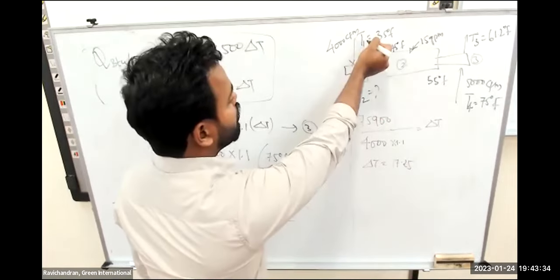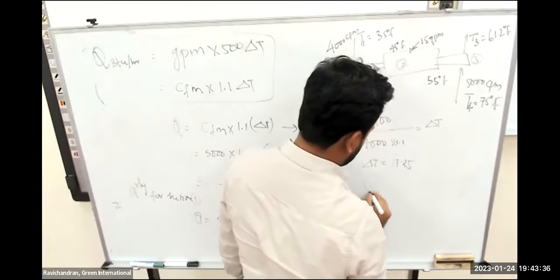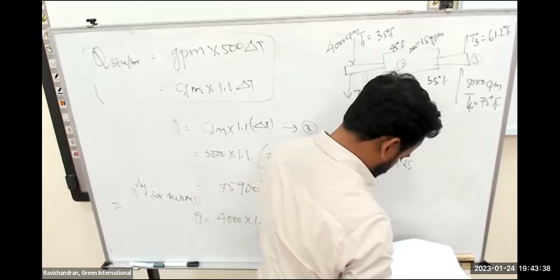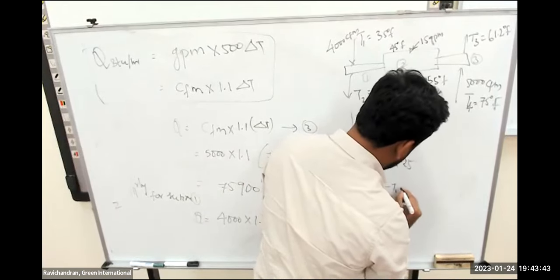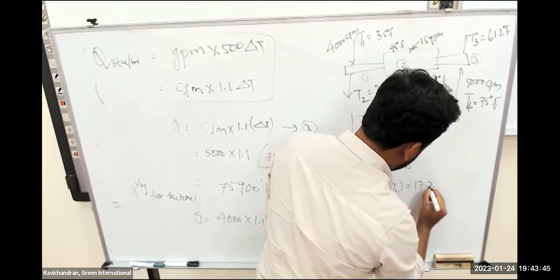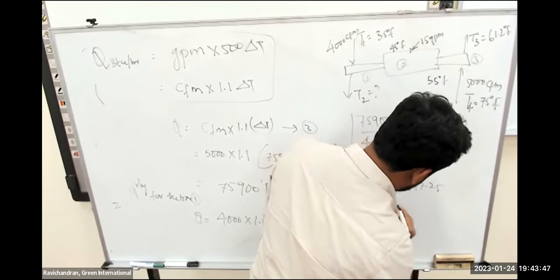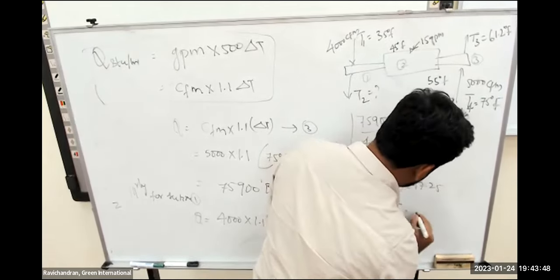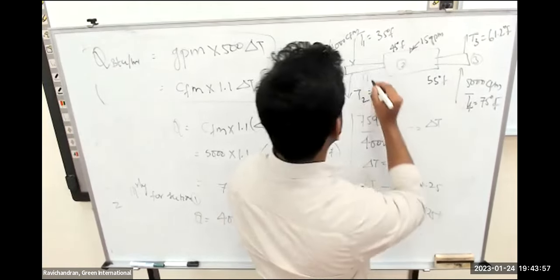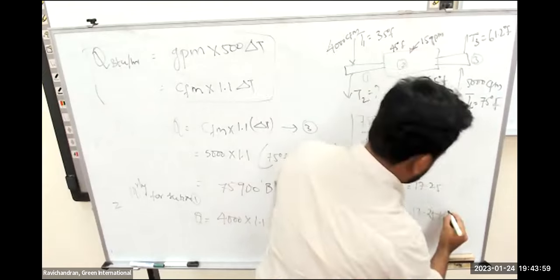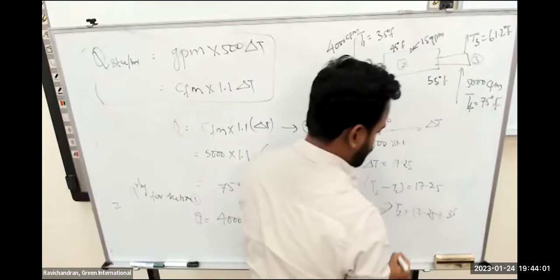Here delta T1 is given. So T2 minus T1 is equal to 17.25, which implies T2 is equal to 17.25 plus 35.